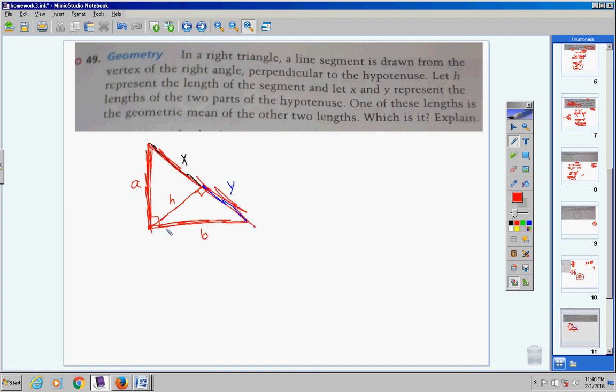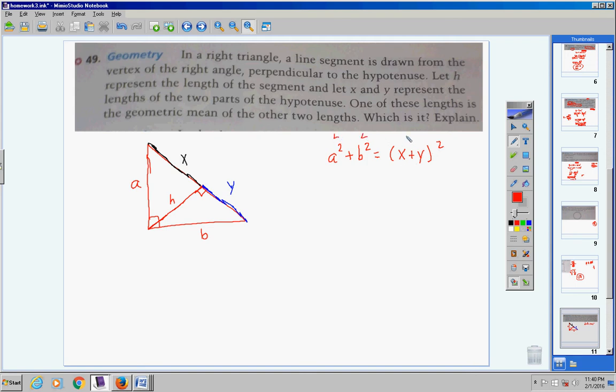This is a leg. This is a leg. If you add these two together, x plus y, that's your hypotenuse. Got it? So, looking at the big triangle, I can say that a squared plus b squared equals x plus y squared. No, I don't expect you to understand that. It's Pythagorean's theorem.